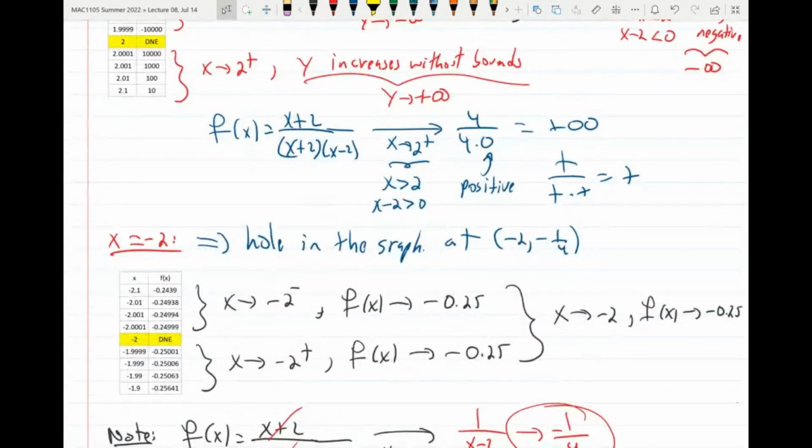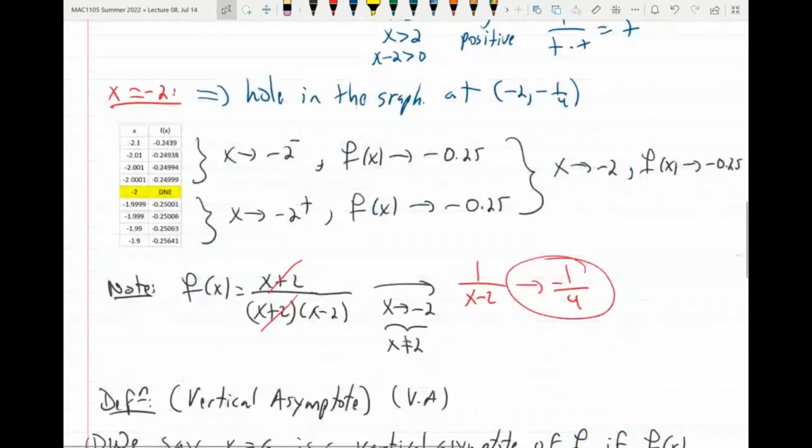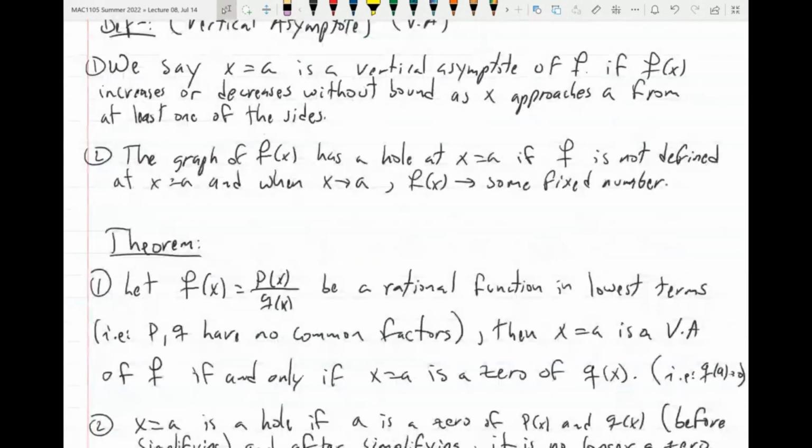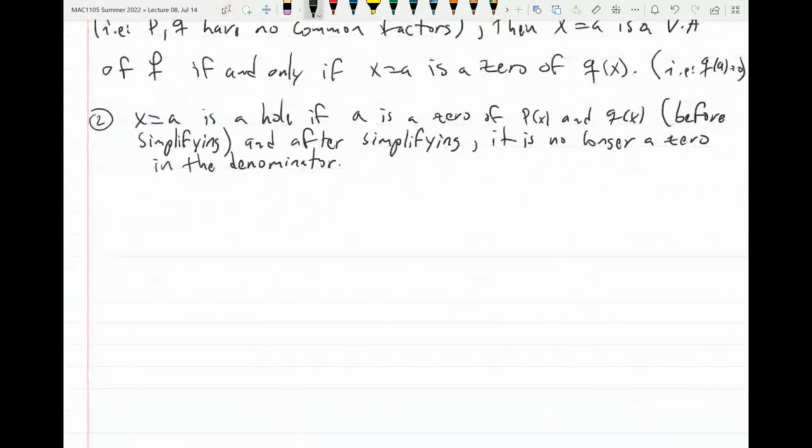What do you do? But remember, that's because you can simplify, so this becomes 1 over x minus 2. So if you want to know the location of the hole, you know the x, which is at -2, but the y value you plug into the simplified version, okay, to get the y. That's what it gets close to. So when you graph, you need to know x and y, okay.